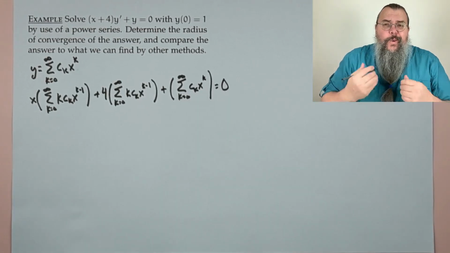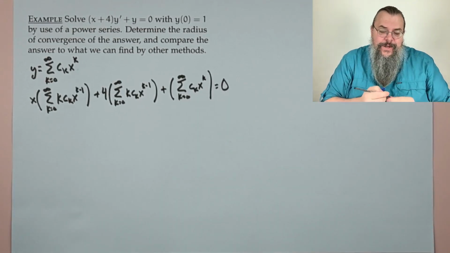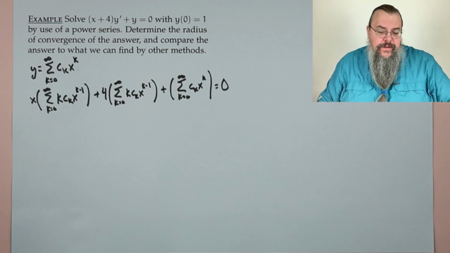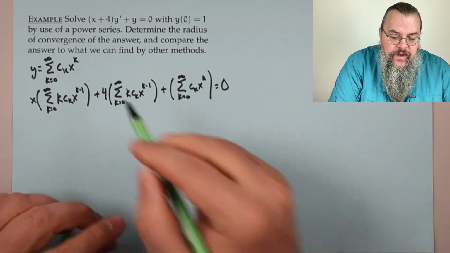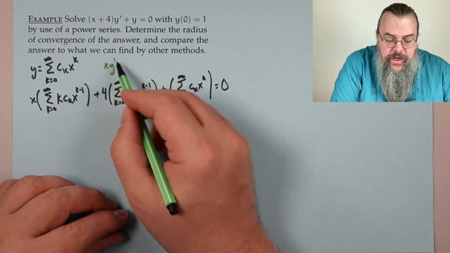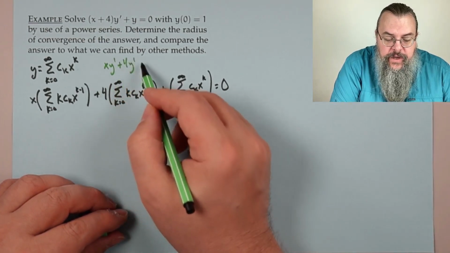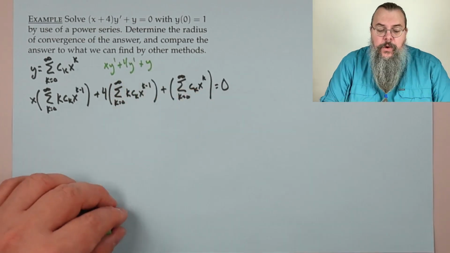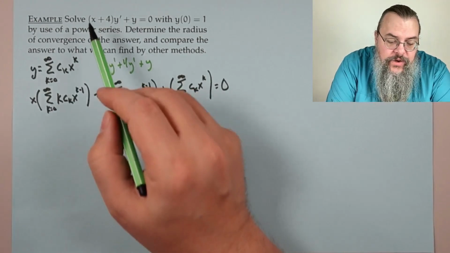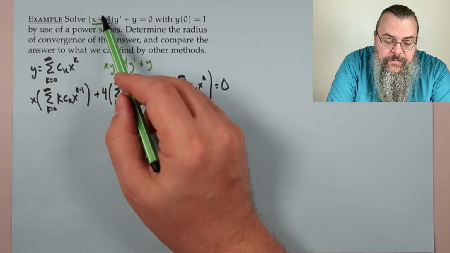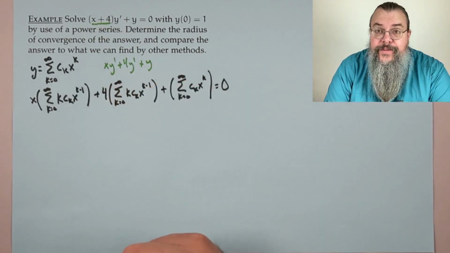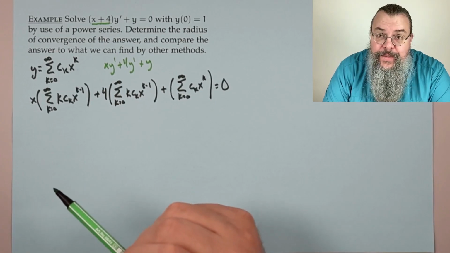Now you might say, why did you do that? In other words, why is it that we took this and we said, oh, it's x y prime plus 4 y prime plus y? Well, the thing is, we don't want to multiply the x plus 4 into the series. That's not going to help us.